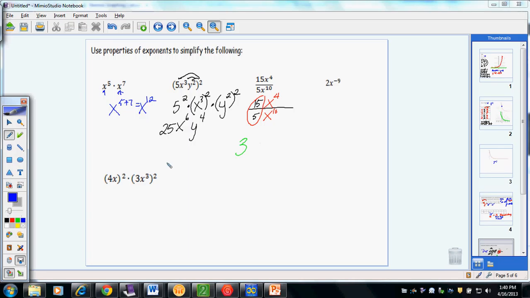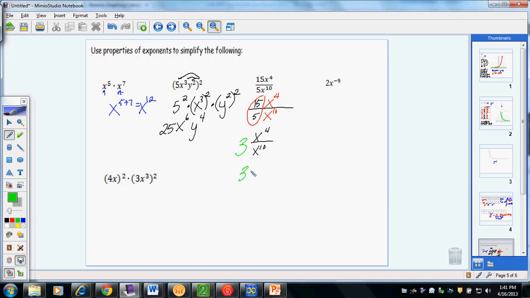But keep in mind that we still have x to the 4th over x to the 10th. If I have the same bases, I will subtract the exponents. Here we added them when we multiplied, but when we divide, we subtract them, and we're left with 3 times x to the 4 minus 10.